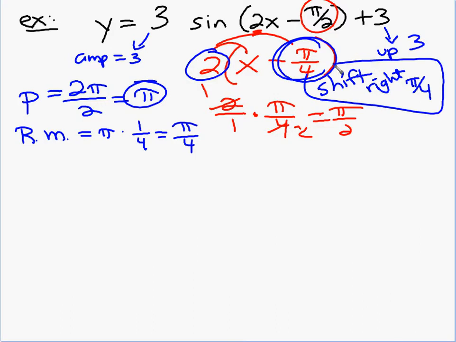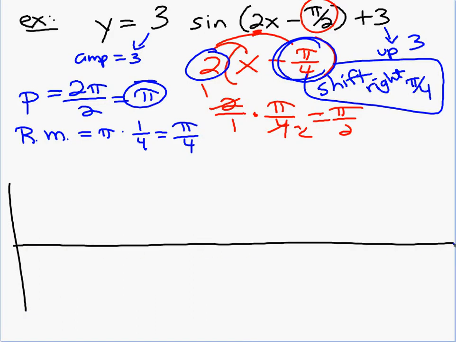Okay, so we got a lot of things going on with this one. Since I know I'm moving this thing to the right, I want to allow plenty of room here off to the right. Now my period, I'm told, is pi. So I'm going to, just like before, go ahead and mark off my ending point. There's my period of pi. And I put my quadrants in, just like before.